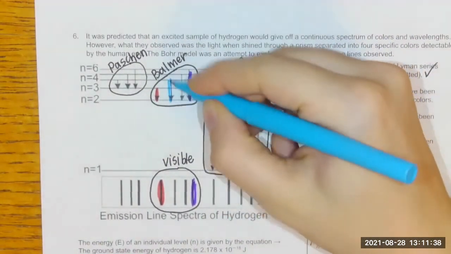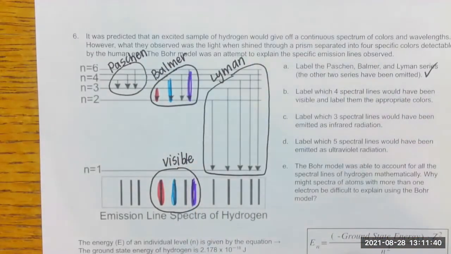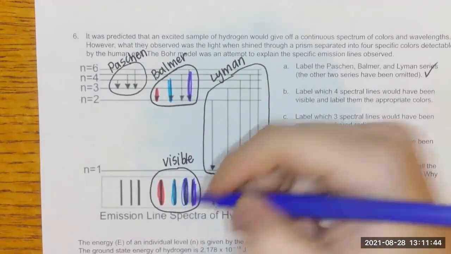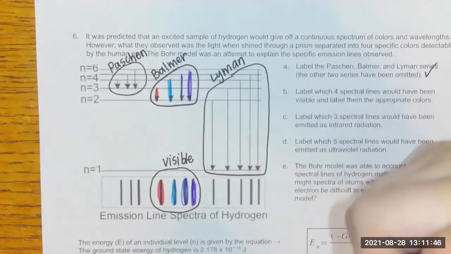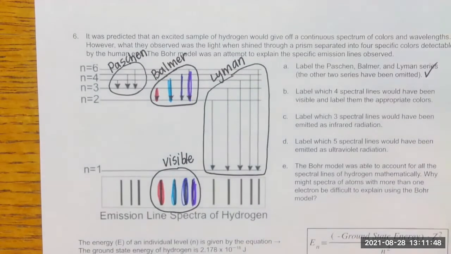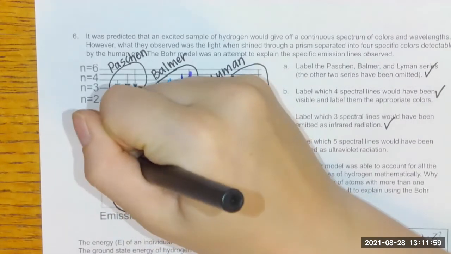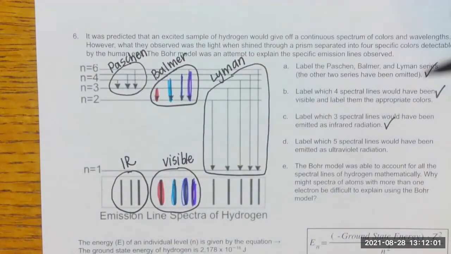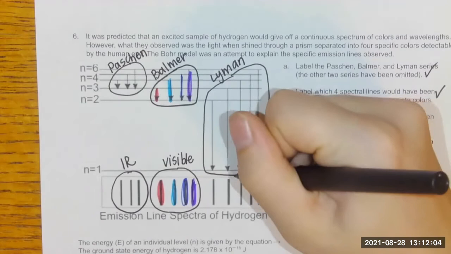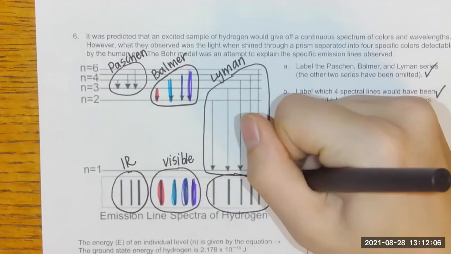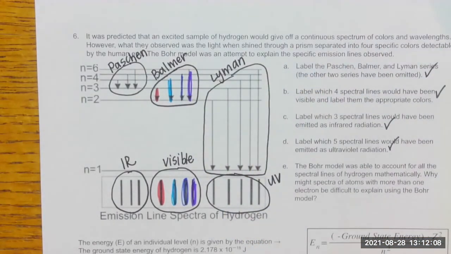And the other two are somewhere in the middle. Label which 3 lines would have been emitted as infrared. You can't see infrared. And which 5 would have been ultraviolet. Too high energy for us.